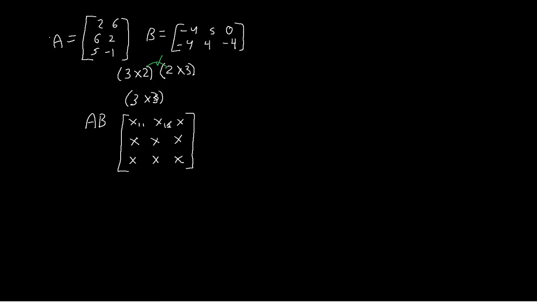This one gets a 1,2 because it's in the first row, but it's in the second column. Similarly, this one here is going to get a 2,1 because it's in the second row, first column. Okay, and so we can finish that out. This would be 1,3. This would be 2,2. This would be 2,3, 3,1, 3,2, and 3,3.